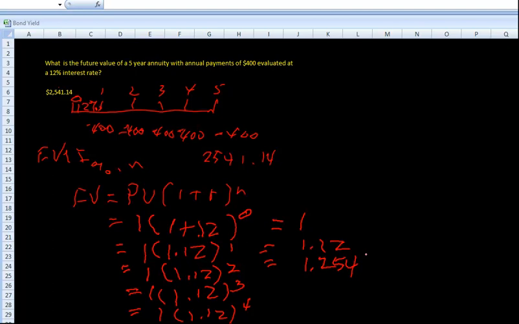And then if we raise it to the third power, it's going to give us 1.405, so let's put that in. And if we go out to the 5th year, we're going to take 1.12 and raise that to the fourth power, which is going to give us 1.574.